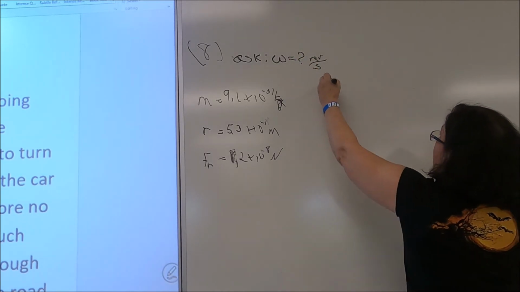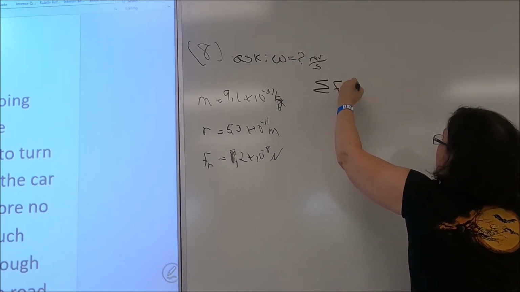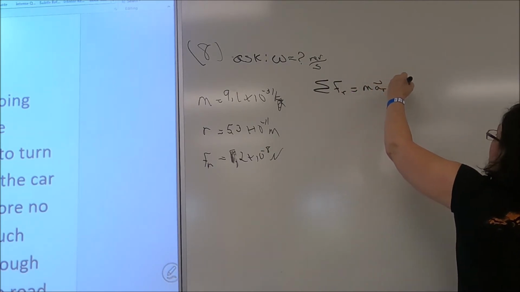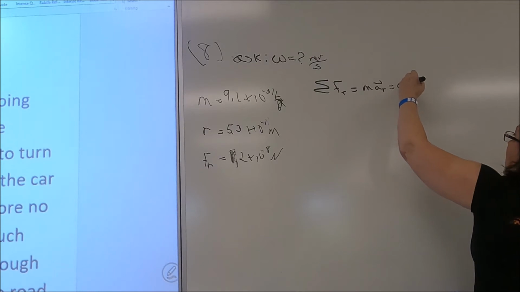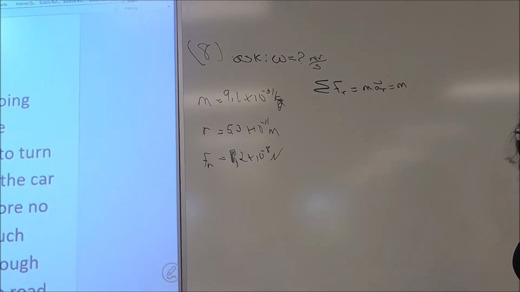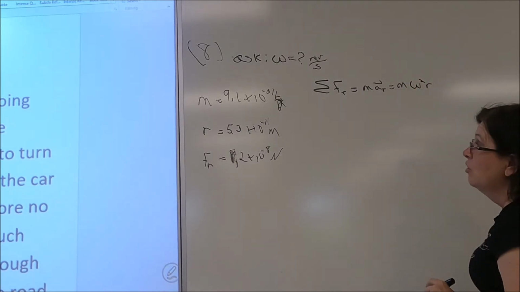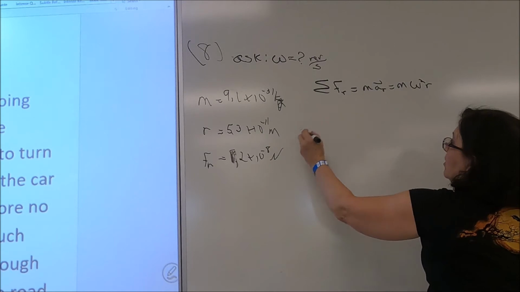Okay? Well, we know the sum of the forces radially has to equal mass times acceleration radially, and acceleration radially is equal to omega squared times r, so m omega squared times r. So let's plug in the things we've got.